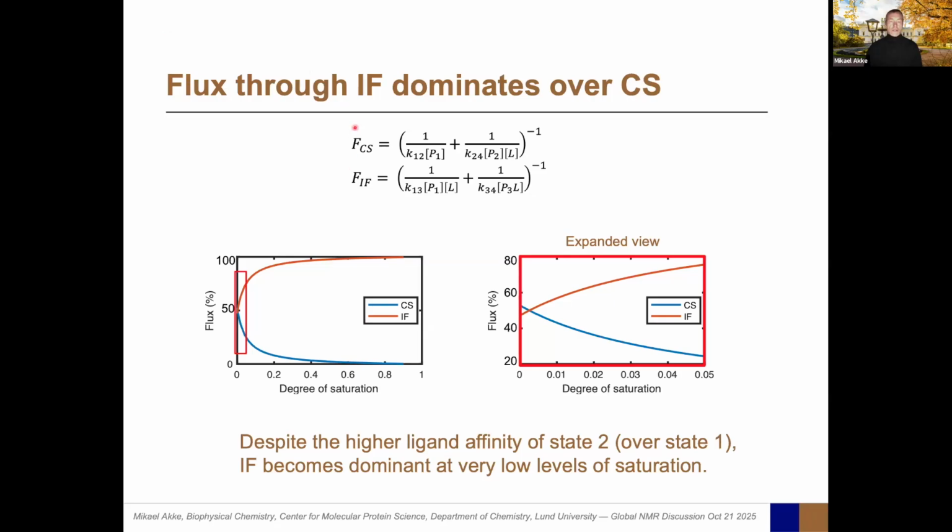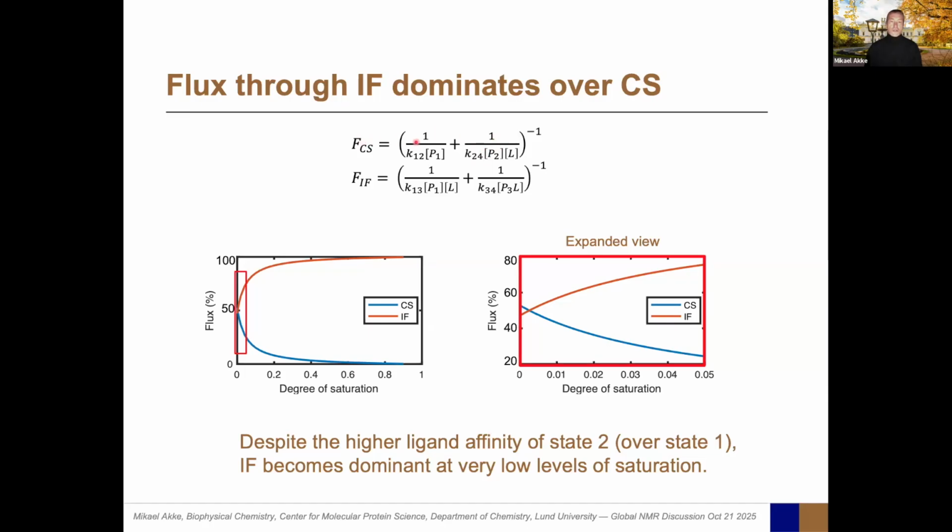And here are the equations. This is the flux through the conformational selection pathway. This is the flux from the induced fit pathway. And this is given by these expressions. I should point out that the first term here is the inverse of the waiting time in state 1 before it leaves to state 2, and this is the waiting time in state 2 before it goes to state 4.